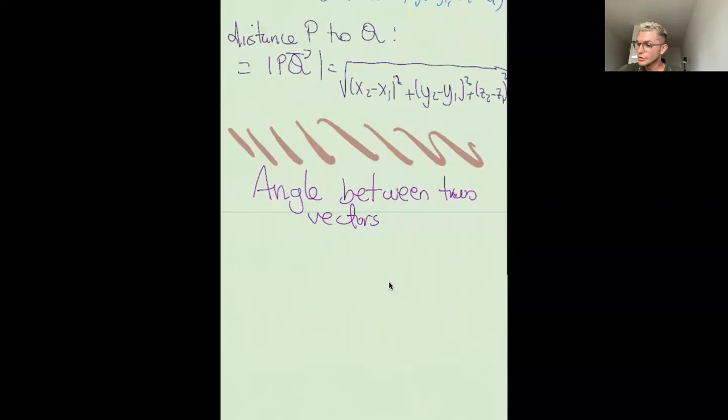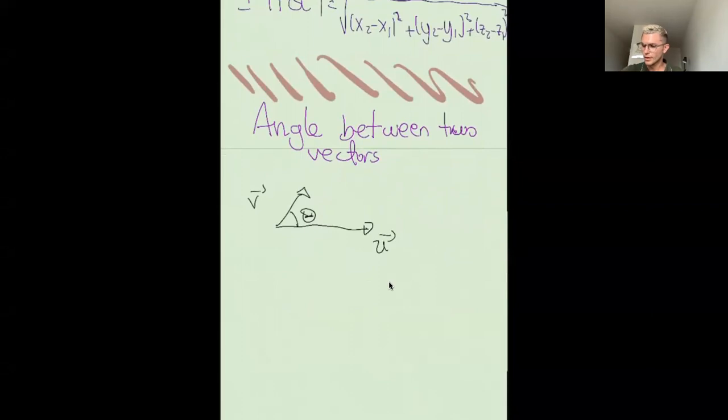So again, if you have these two vectors, u and v, then we know that from the formula of the dot product, the dot product of u with v is the norm of u times the norm of v times the cosine of the angle. And the point is that if you somehow know how to find the dot product and know how to find the norms, then you can use this formula to find the angle.